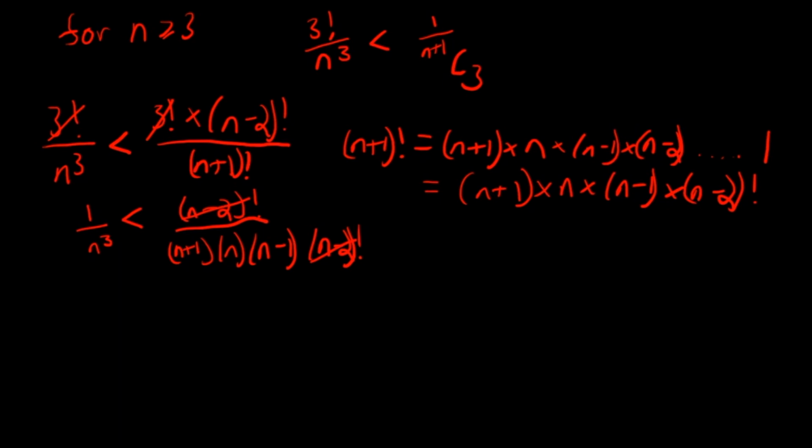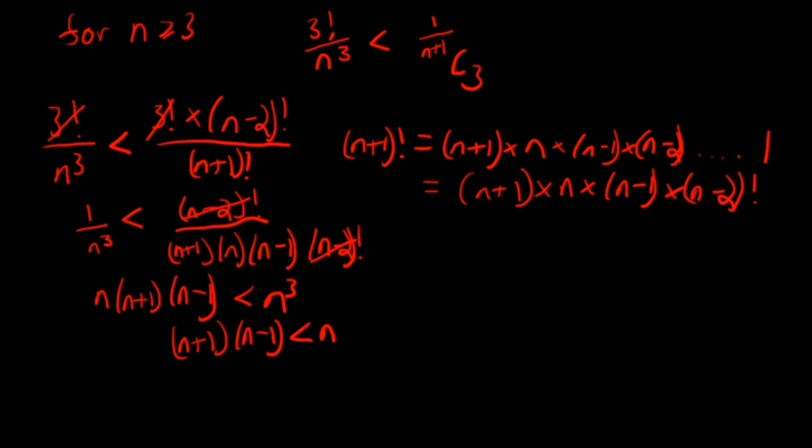So that will give us (n plus 1)(n minus 1) is less than or equal to n cubed. We can also divide by n on both sides because n is non-zero. So that will give us (n plus 1)(n minus 1) is less than n squared.